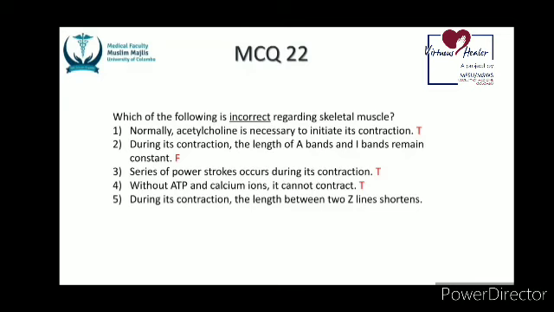During its contraction, the length between two Z lines shortens. Now, the length between these two lines is going to be equal to the length of the sarcomere. We know that the length of the sarcomere is going to shorten during muscle contraction. So, therefore, this statement is also true. So, in question number 22, the incorrect statement will be the statement number 2.